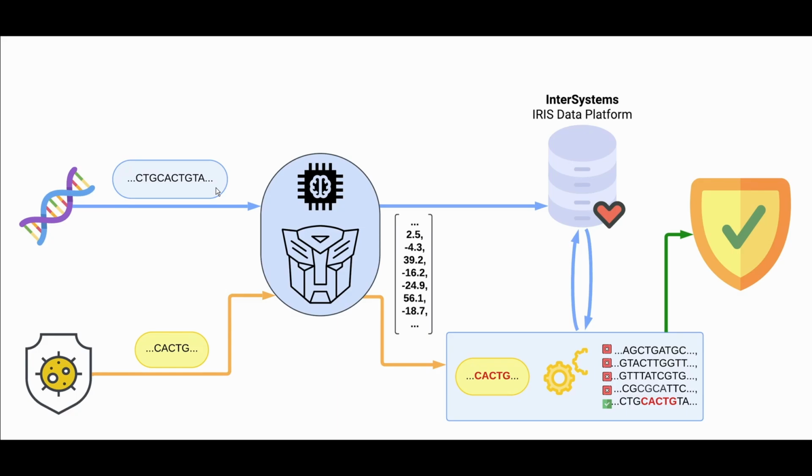Also, it's worth mentioning one problem: it's not simply seeing if this substring is in this string. The machine that reads the DNA of an organism or bacteria doesn't always read it correctly.